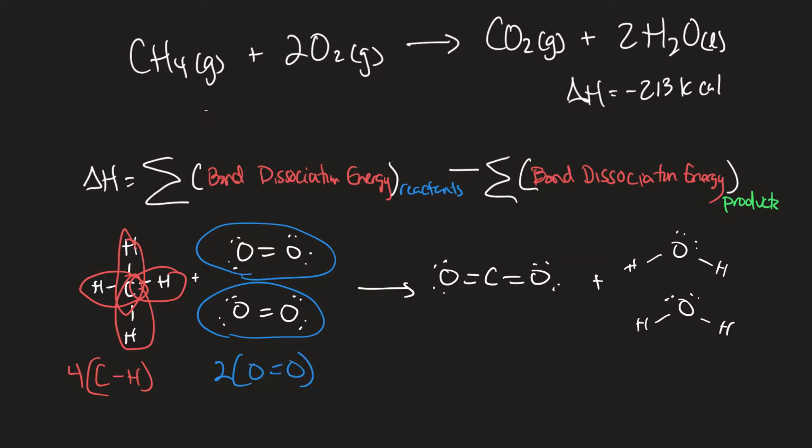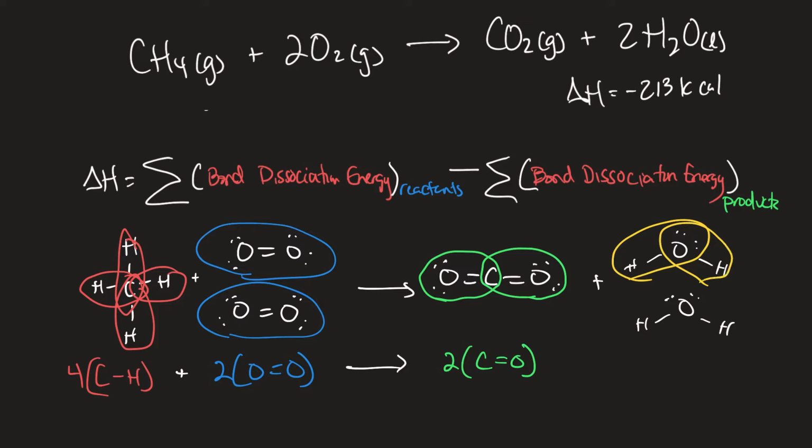Remember, we have to take the sum. On the product side, there are 2 double-bonded carbon-oxygen bonds, and we have to take that into account. And for the water, there are actually 4 OH bonds: 1, 2, 3, 4.